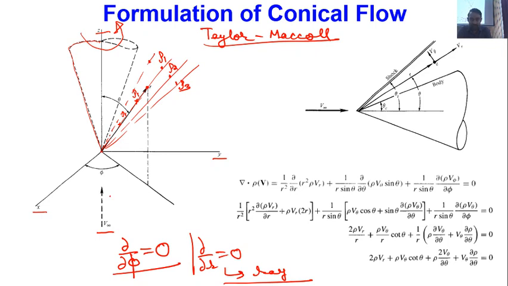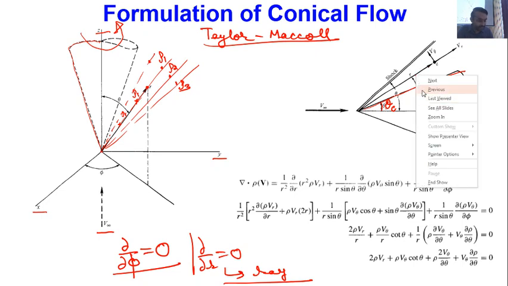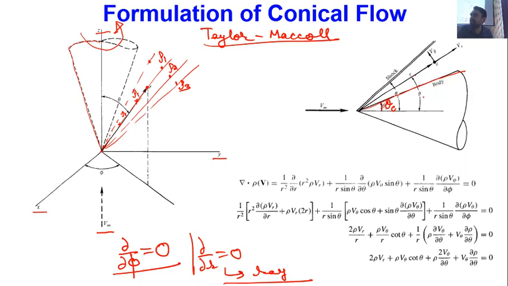Now this type of cone can be simply presented something like this. So here you can see this is the cone surface, and this cone surface is making an angle theta c with the direction of the free stream velocity. Okay, and then arbitrarily I have chosen any ray over here, and that ray is say at an angle theta.